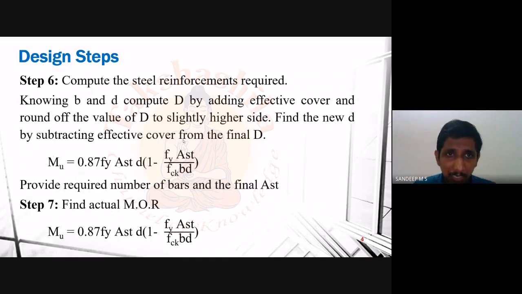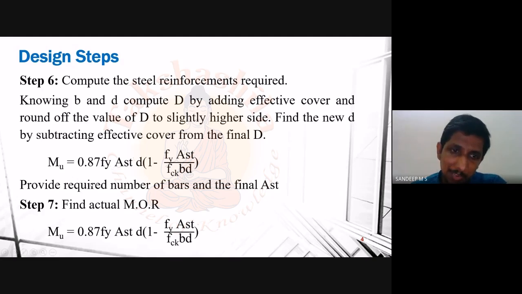If this depth is okay, then we can compute the steel reinforcement. That will be done based on the equation corresponding to an under reinforced section. We substitute the external design moment here, and again find out the AST with respect to the dimensions we have in hand, that is B and D. Substitute it here and find the value of AST.